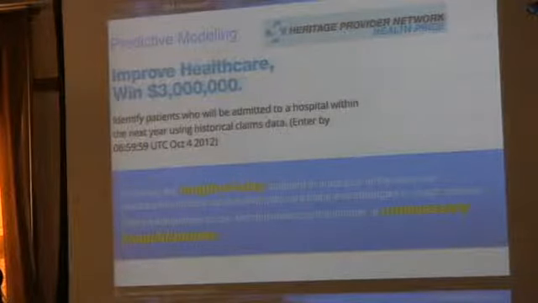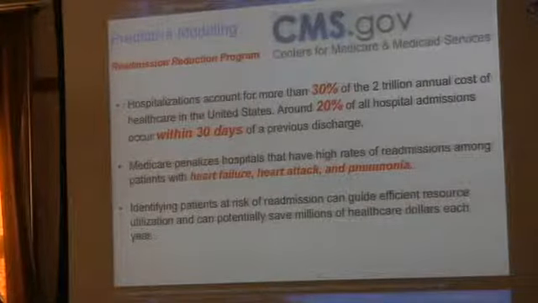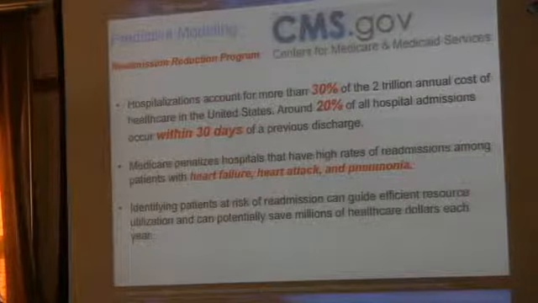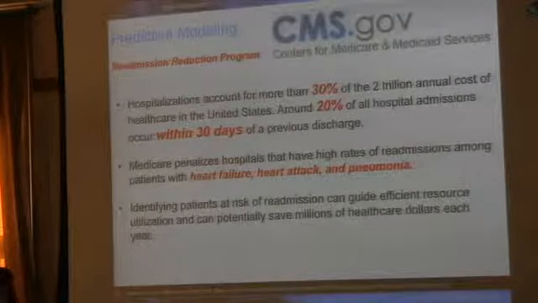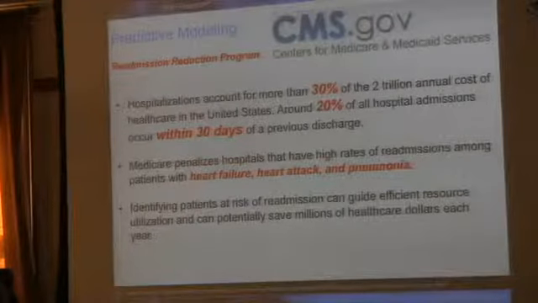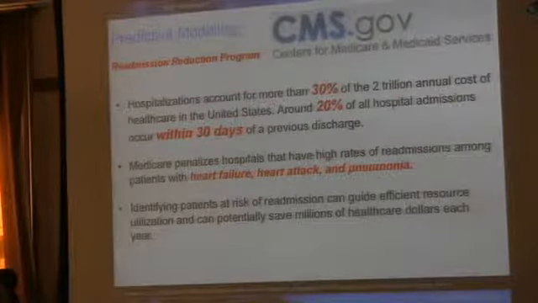But why is this important? It is estimated that hospitalization accounts for more than 30% of the $2 trillion annual cost of healthcare in the United States. And around 20% of all those hospitalizations occur within 30 days of a previous discharge. So this frequent hospital readmission is usually harmful to the patient, and it is usually preventable.